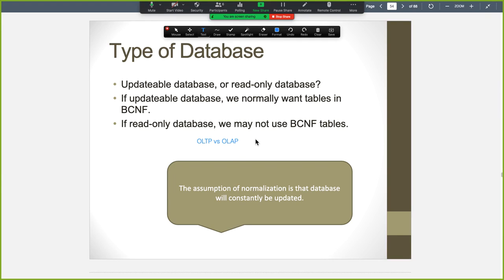So it corresponds to updatable versus read-only. OLAP is read-only, and some people will call this a data warehouse or just simply a large pivot table type of analysis, right? So one is read-only, the other is operational. That is, I think, my key point here.